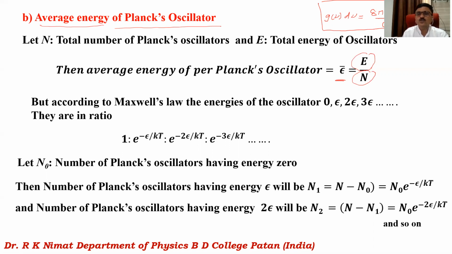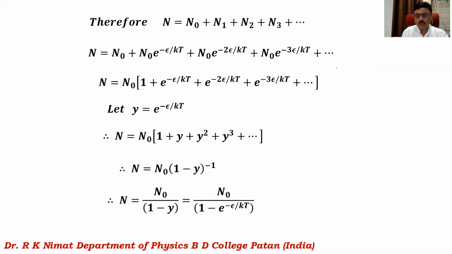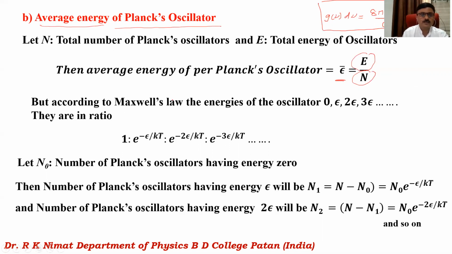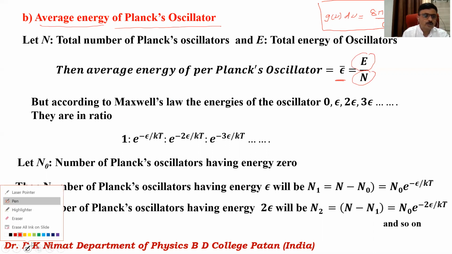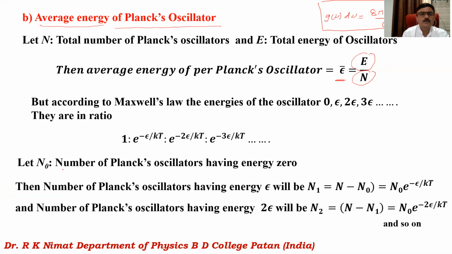So these two things we have to calculate: the total energy of all oscillators, and the total number of oscillators. The ratio of these two is nothing but the average energy of the Planck oscillator.